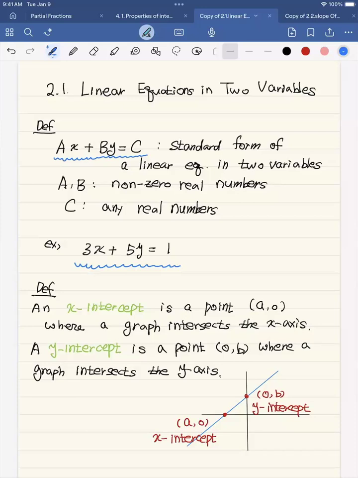When we consider the linear equation related graph, we usually consider y equals ax plus b. That is not the standard form, even if it's a linear equation in two variables.